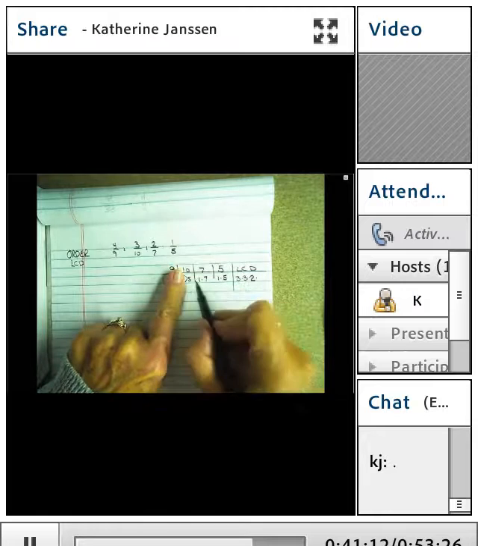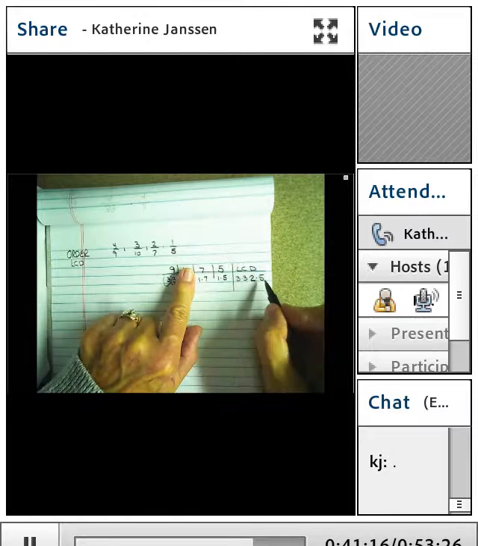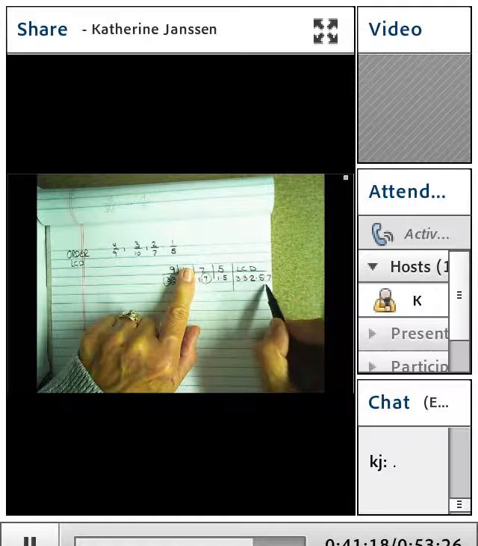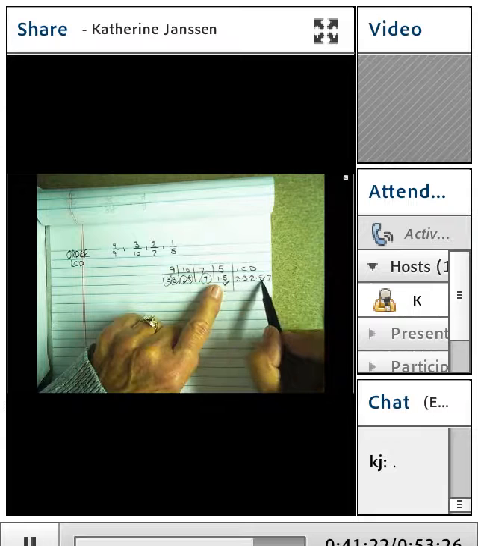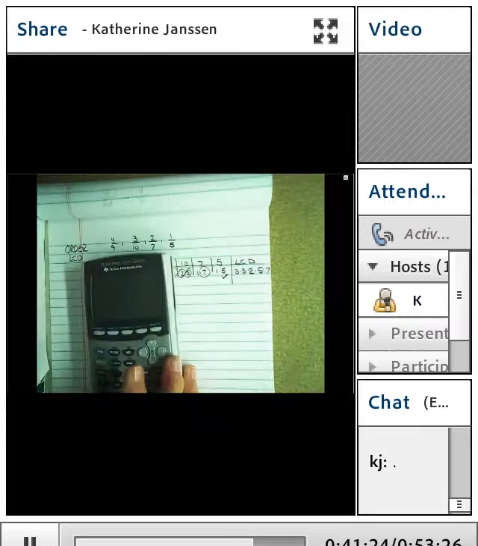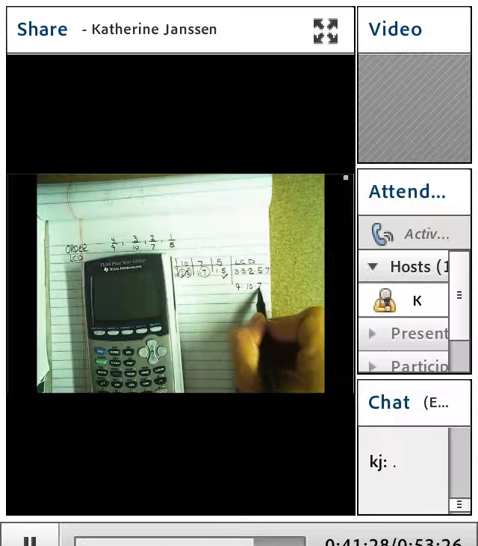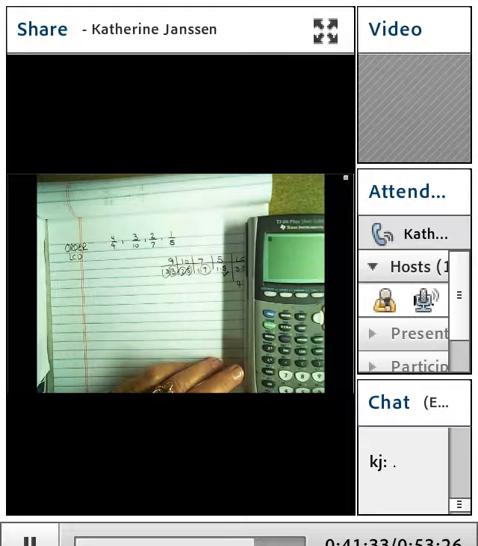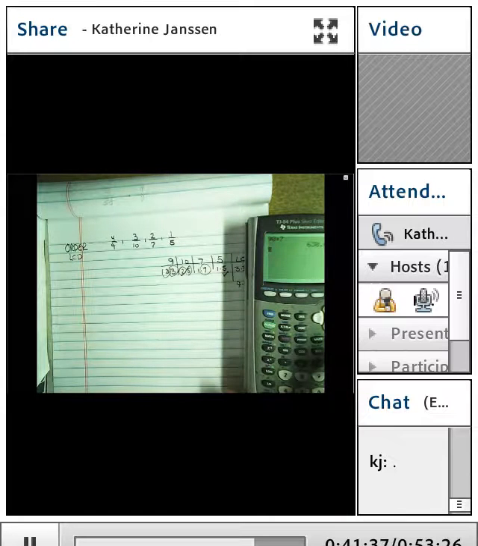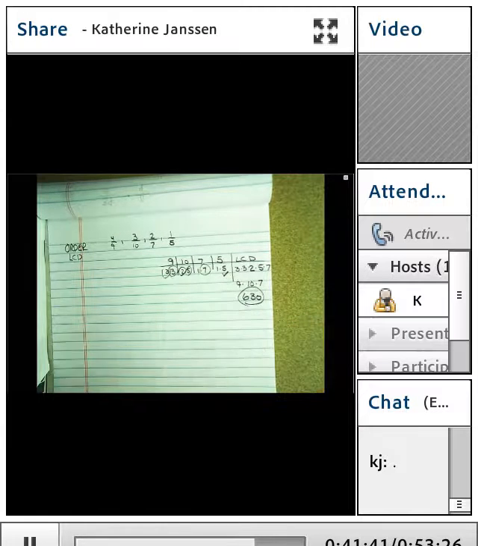I need a 5, not yet represented. From the third column, I need a factor of 7, not yet represented. But from the last column, I already have one factor of 5 represented. So I have 9 times 10 times 7. 90 times 7 is 630. So my common denominator is 630.